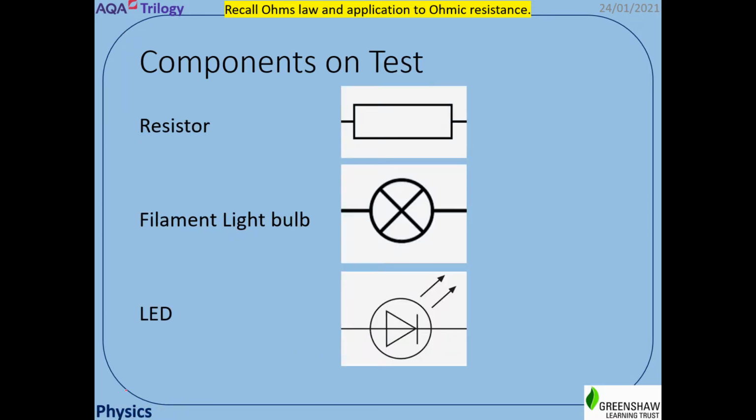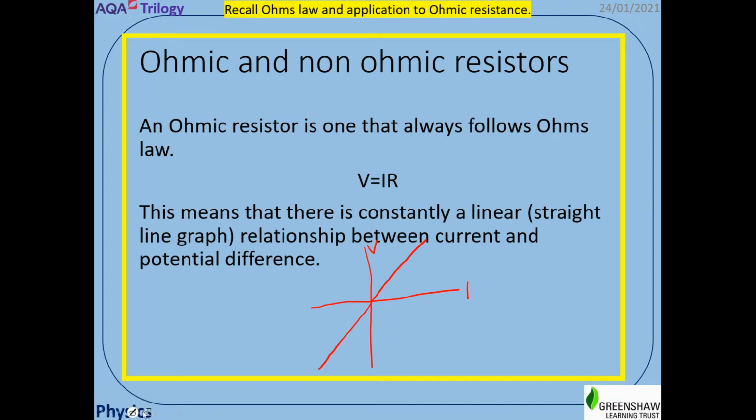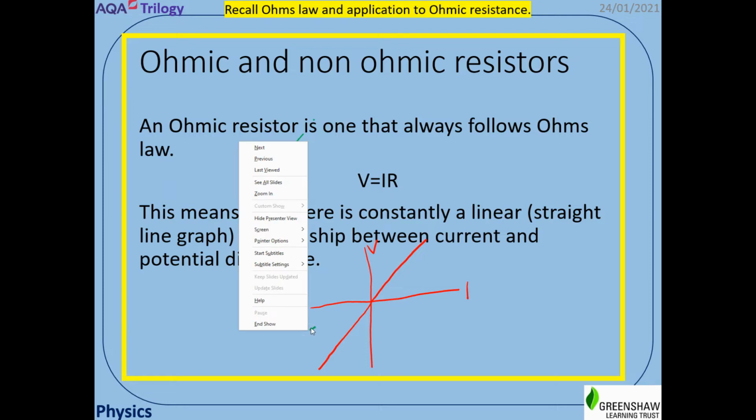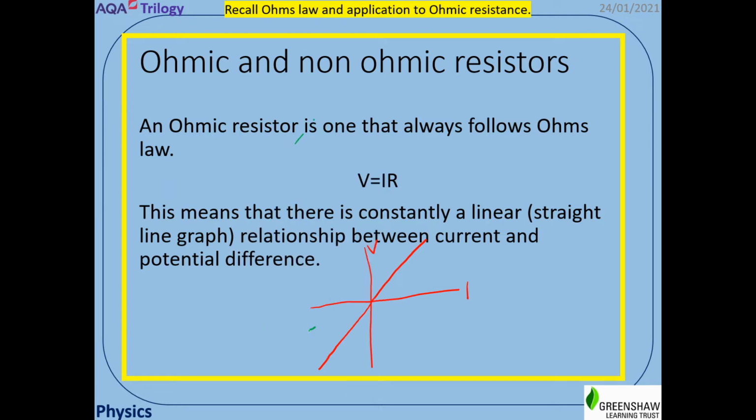It could go through the origin like so. That would still be an ohmic resistor, so that there is constantly a linear straight line graph between the current and the potential difference.